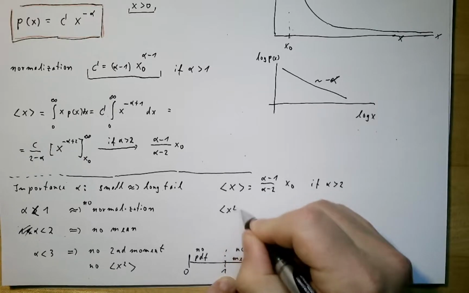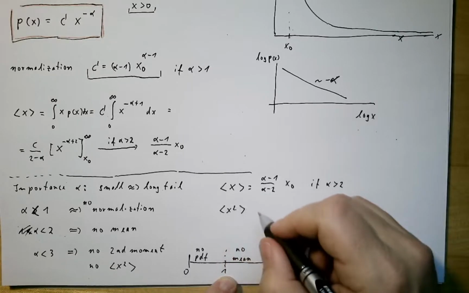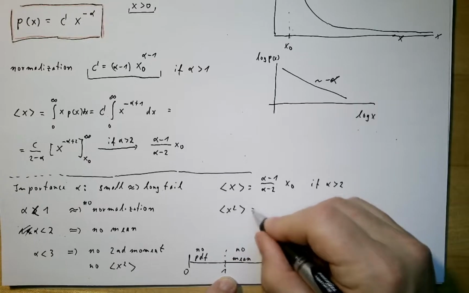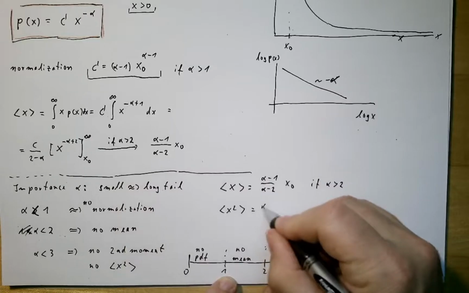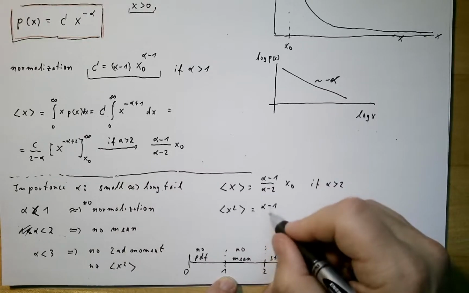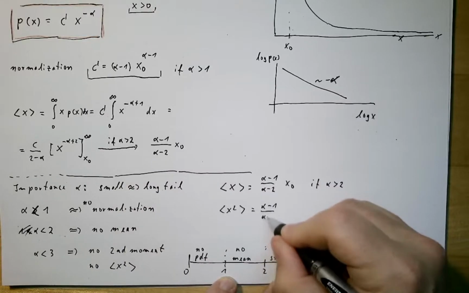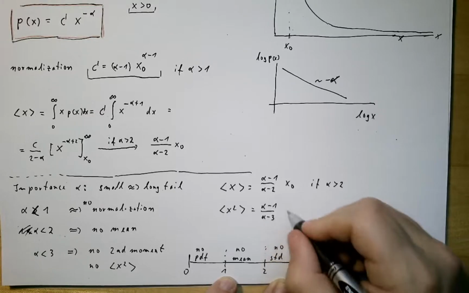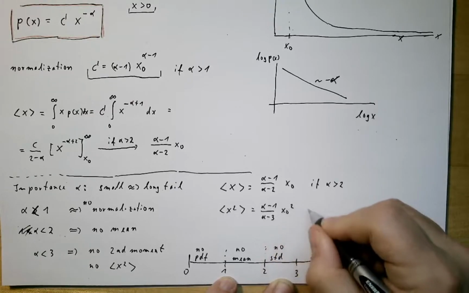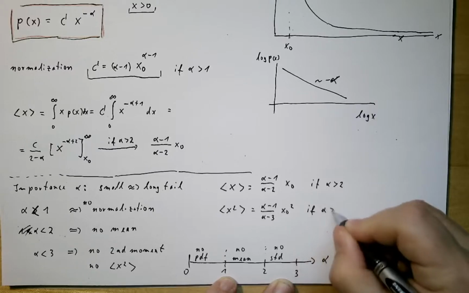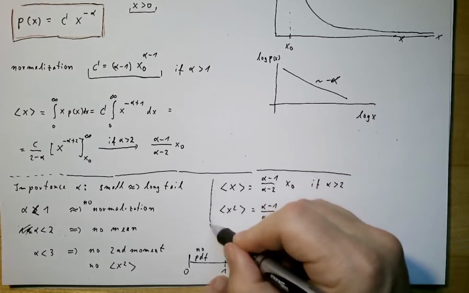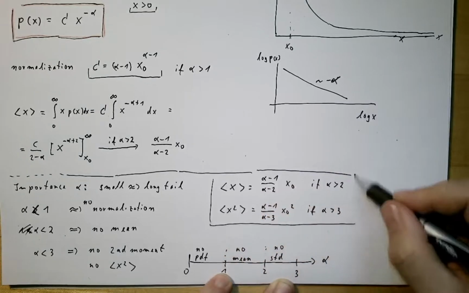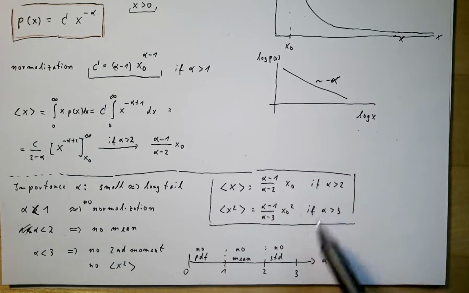And the second moment, you can calculate it in a similar way as the integral before. This leads to alpha minus 1 over alpha minus 3 times x0 squared, if alpha is larger than 3. So these are two formulae that appear very often.